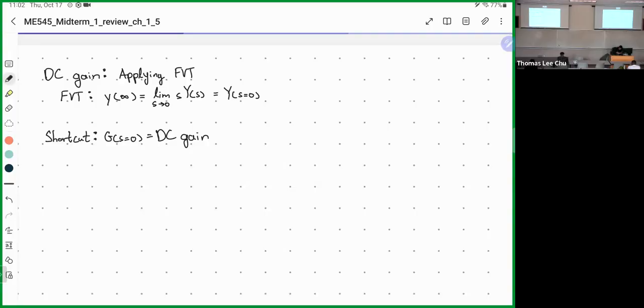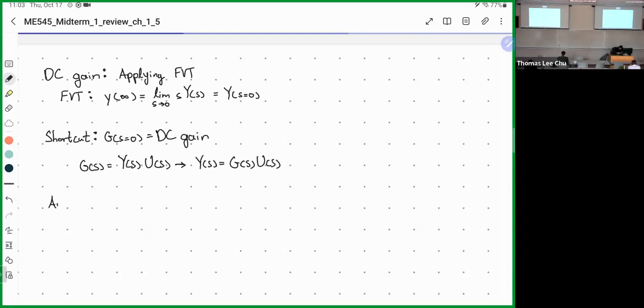Basically, what we're doing is this. G of s is equal to y of s over u of s. So when we rearrange this equation, we get y of s is equal to g of s multiplied by u of s.